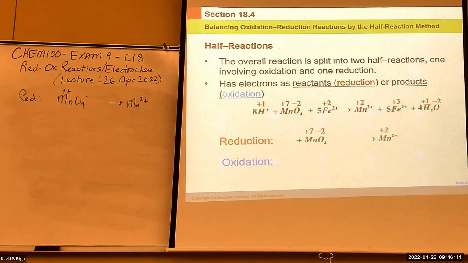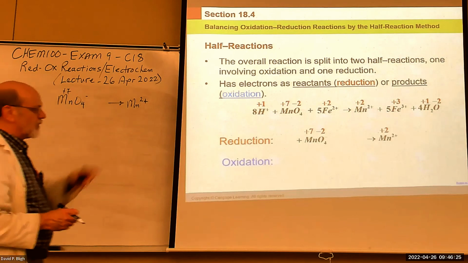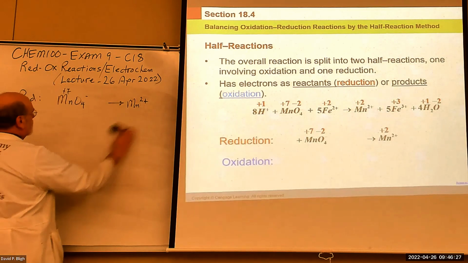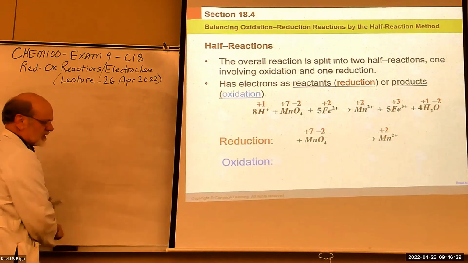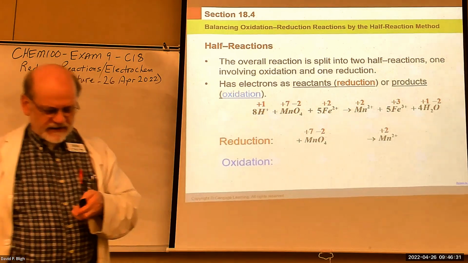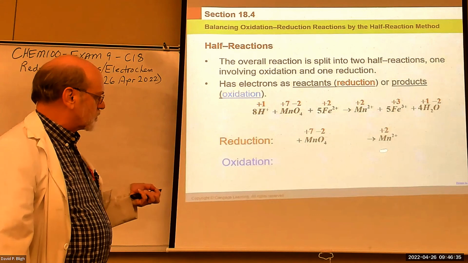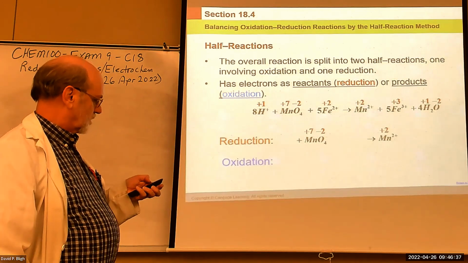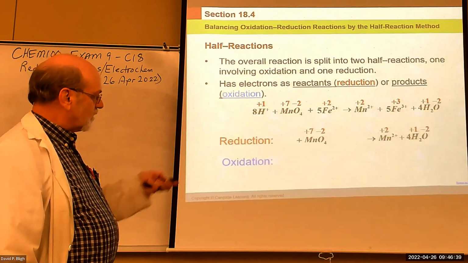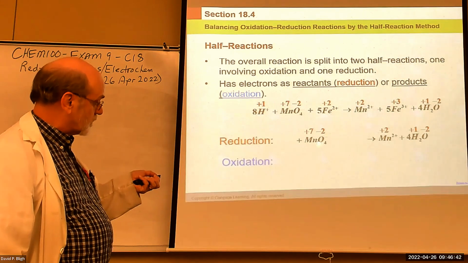Hold on just a second. All right. I'm gonna breeze through this one right now because it's using rules that we haven't defined yet. So I'm just showing you this. These are the main players for the reduction. Right? And it's going to have oxygen over here simply because there's oxygen on this side.